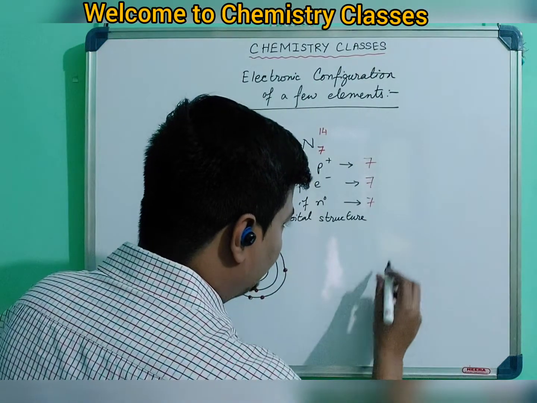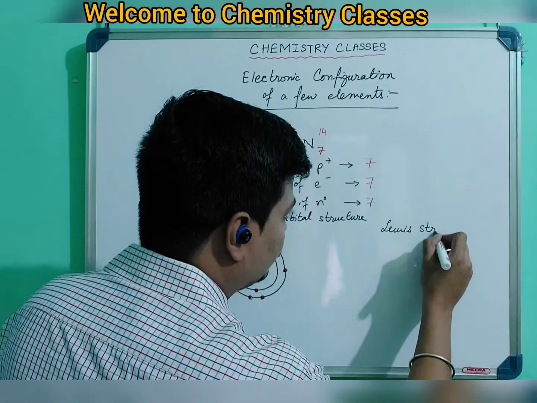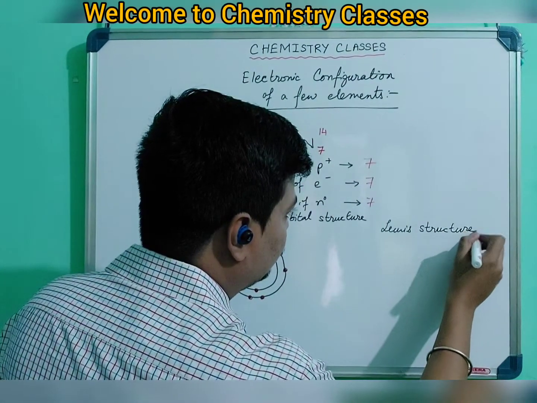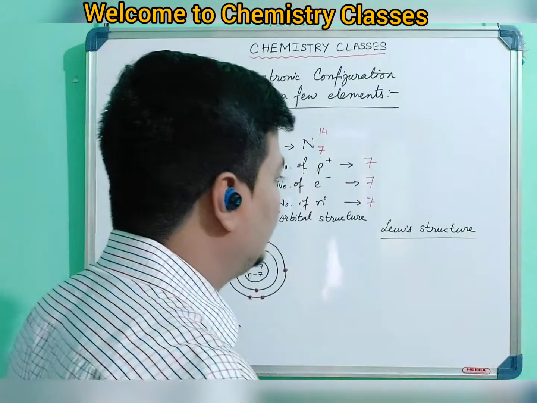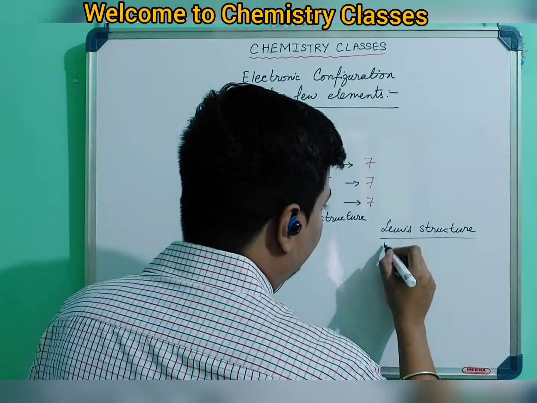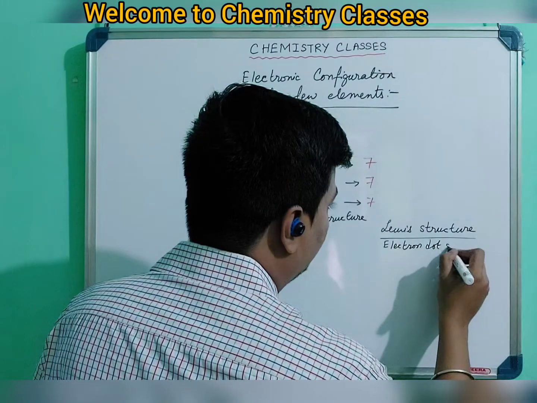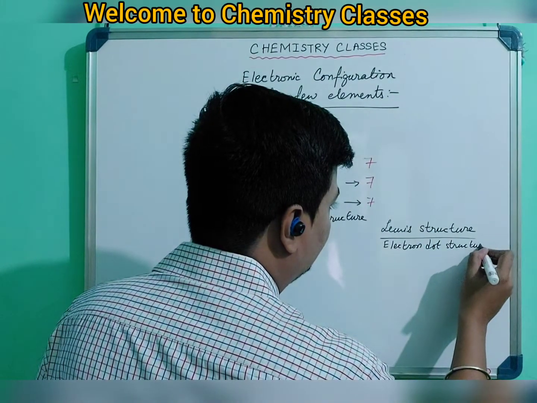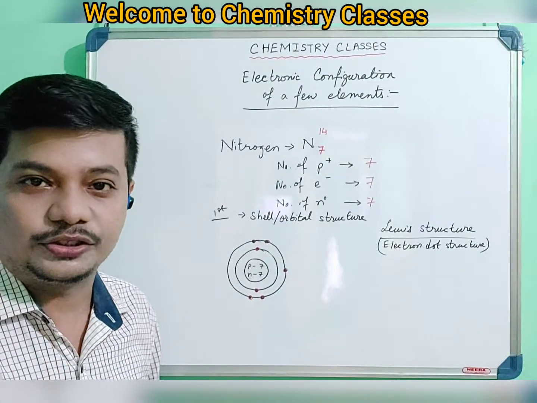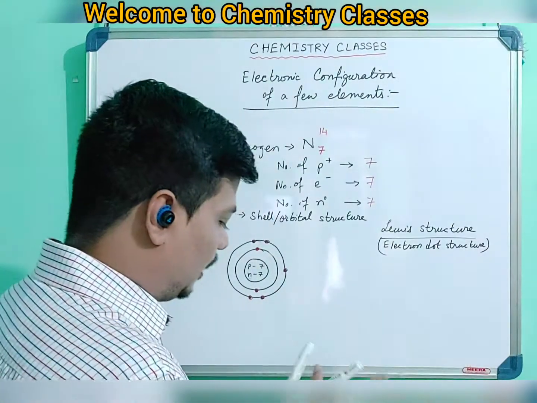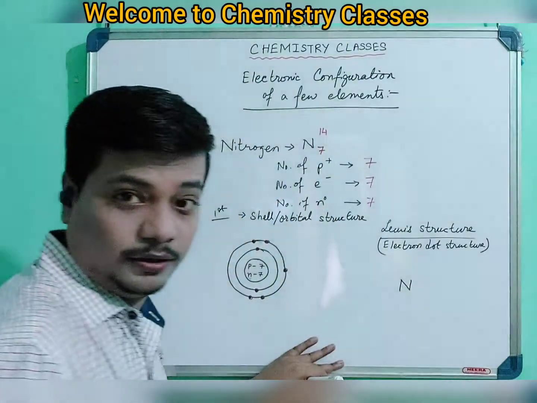Now Lewis structure I will show you. In this one, also known as the electron dot diagram, electron dot structure. Okay, the Lewis structure or the electron dot structure. So for this one, how do we write it? We write the symbol of nitrogen, right?